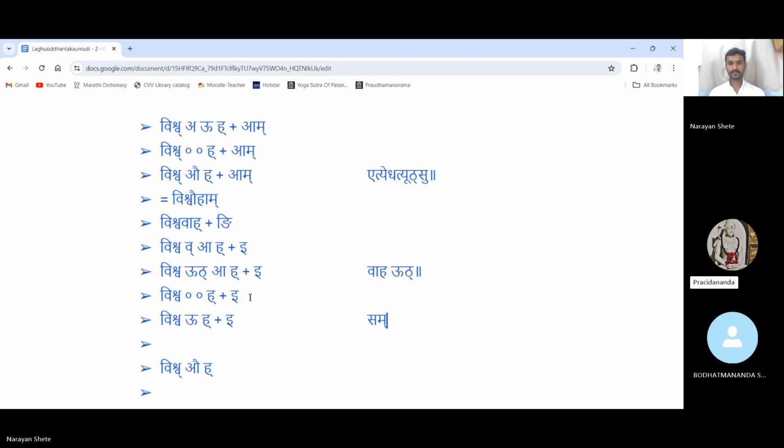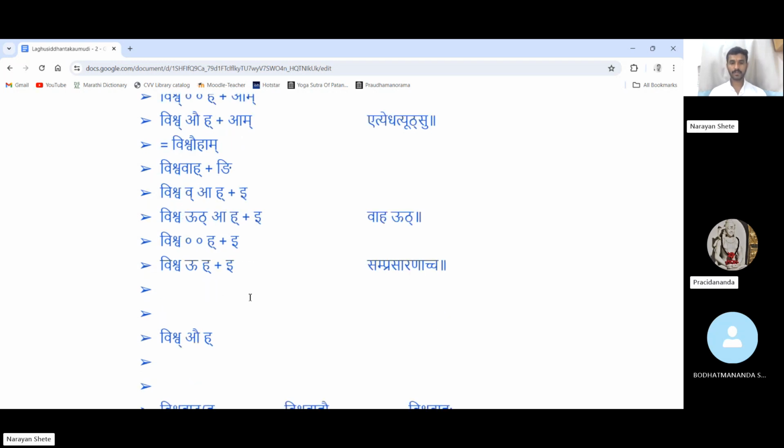Samprasarana cha. Vriddhi, Ekadashi will take place.